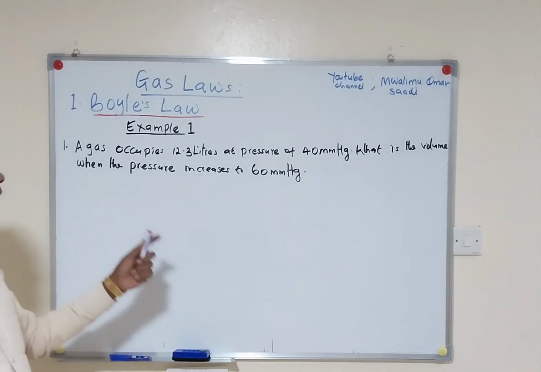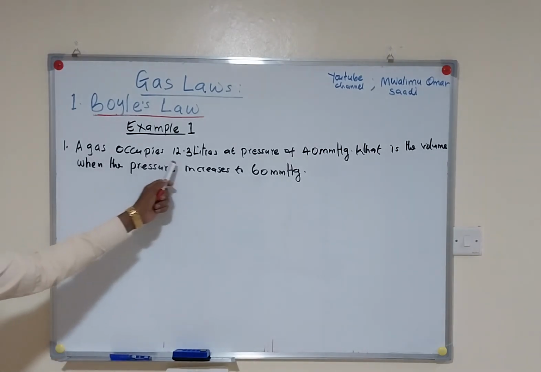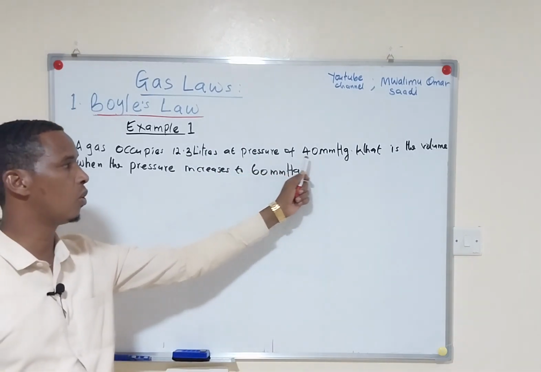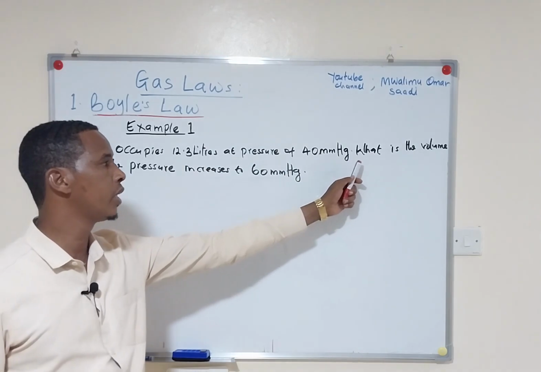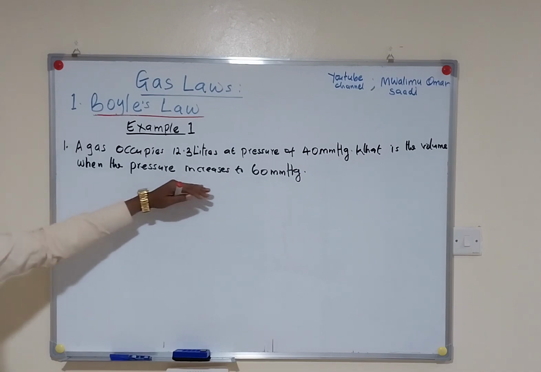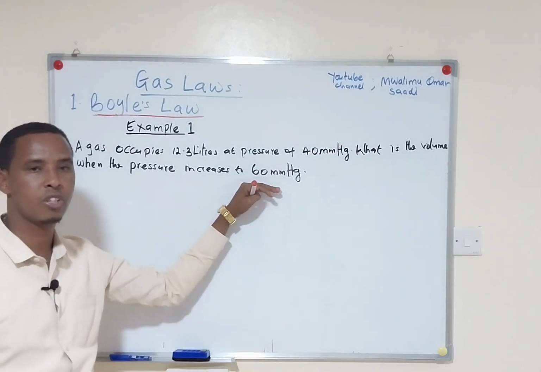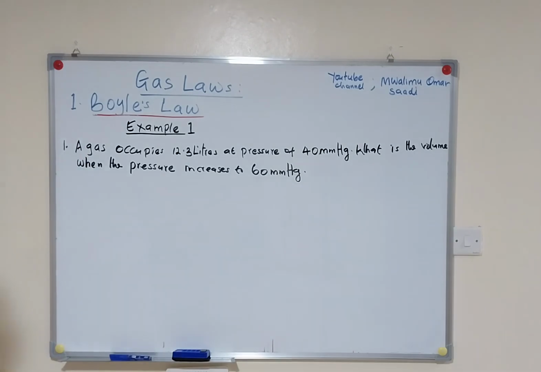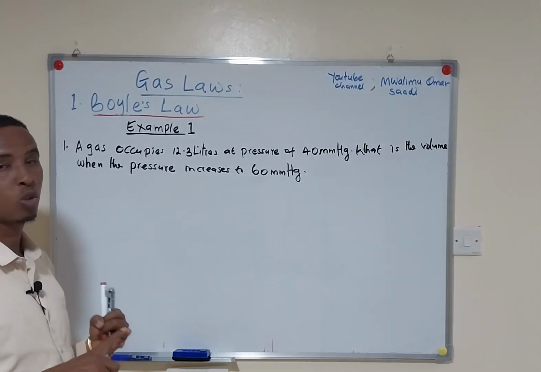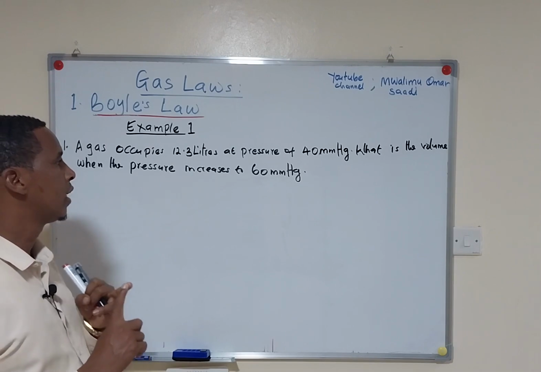So the question is saying a gas occupies 12.3 liters at a pressure of 40 millimeter mercury. What is the volume when the pressure increases to 60 millimeter mercury? So first thing we do, let us use what we are given to solve what we are not given.